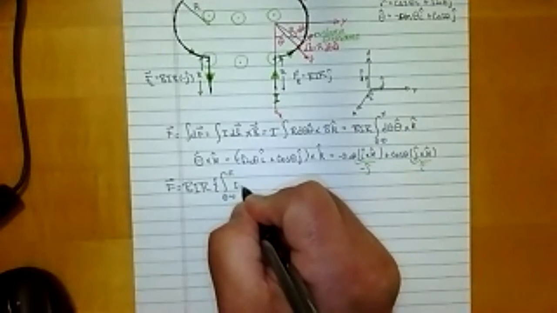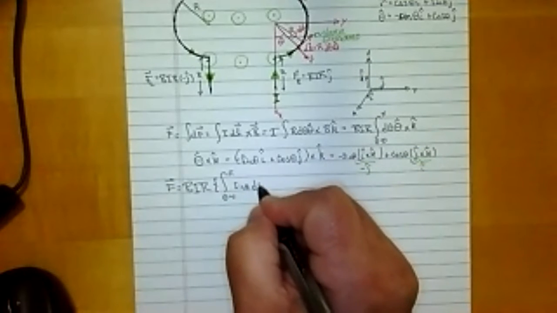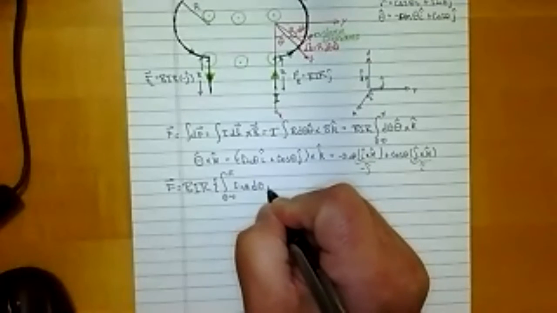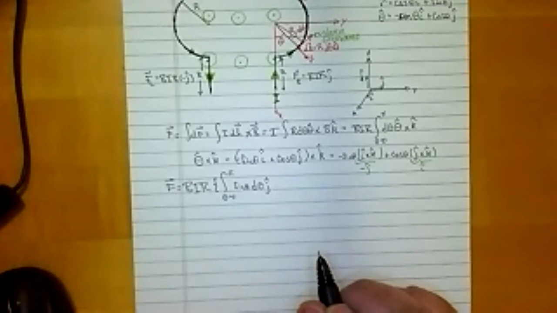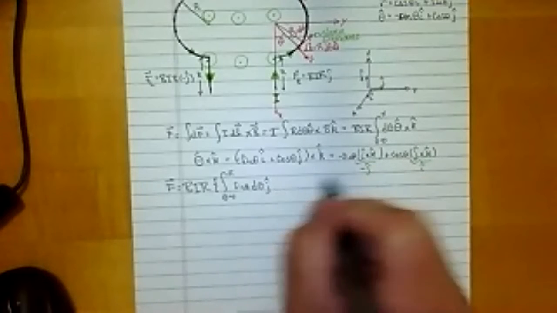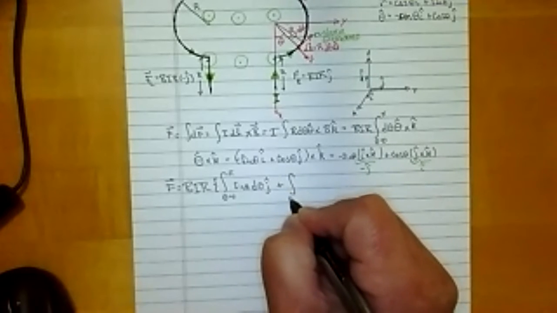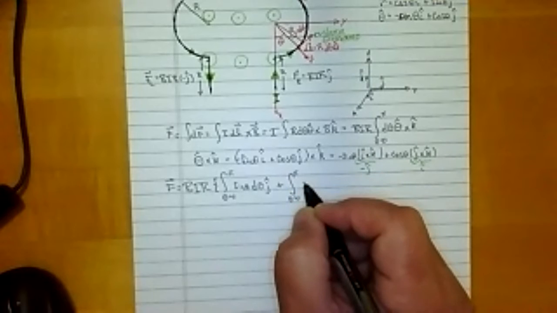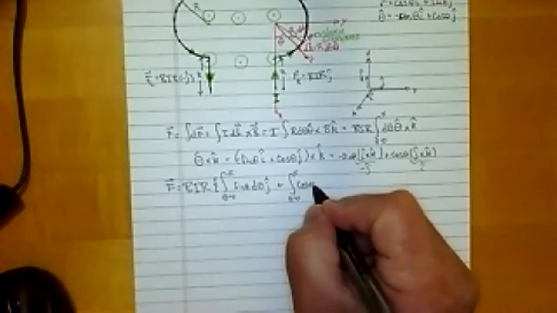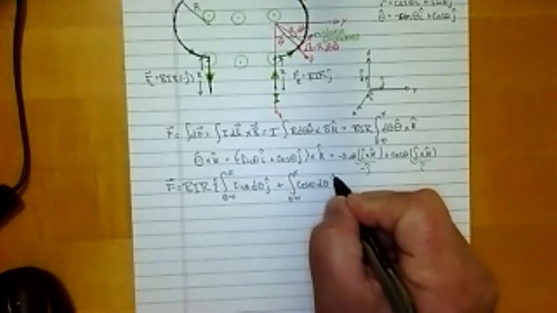So I'll say sine theta d theta, and that's of course in the j hat direction. Now I've got the other part of the vector, which is plus the integral theta equals 0 to pi again. Now this time it's going to be cosine theta d theta in the i hat direction.